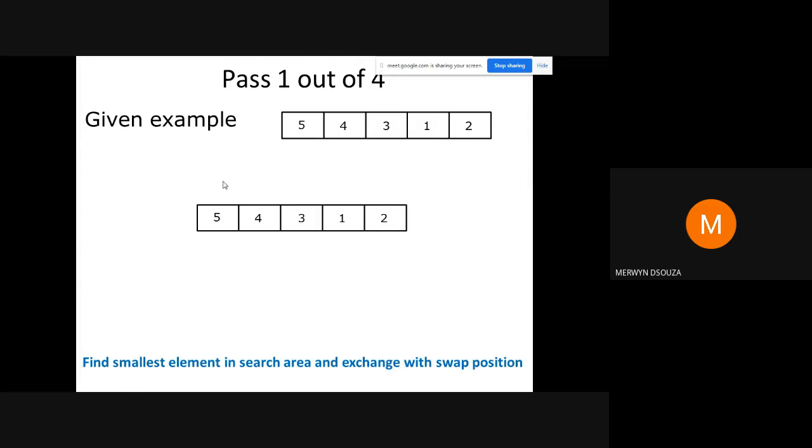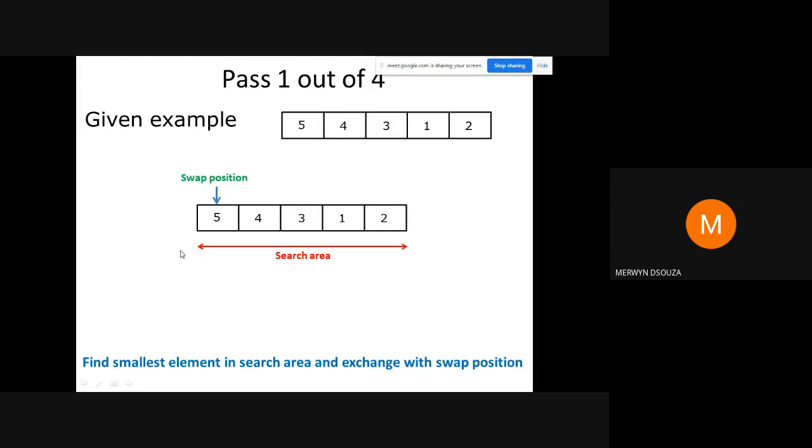The entire array given to you is the search area, so I marked it here. Then the first element of your array in pass 1 will be known as your swap position.